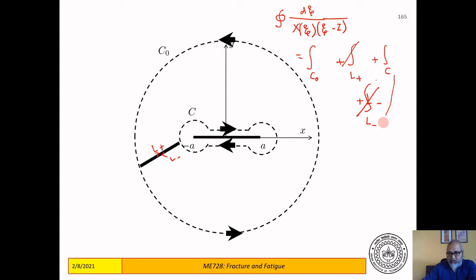C itself is of two parts. One is along this circle, and the other is along this circle. So we will first go around the small circle, left circle. Then we will go from minus a to a.